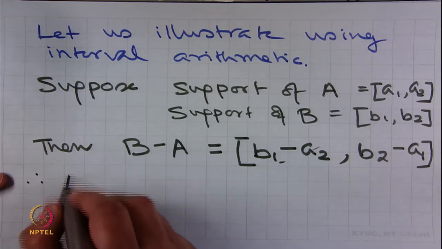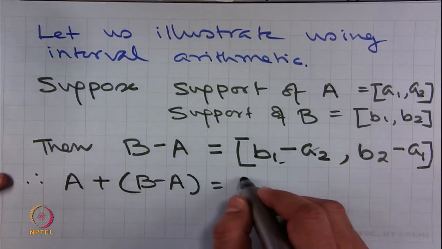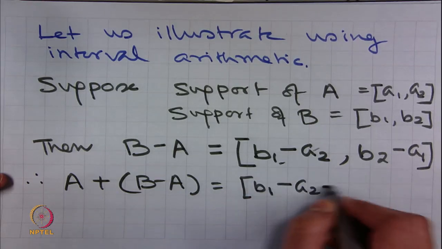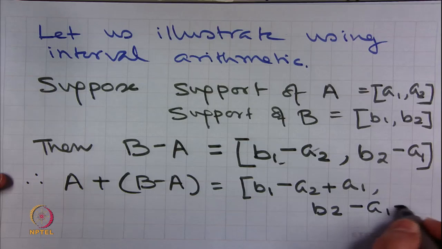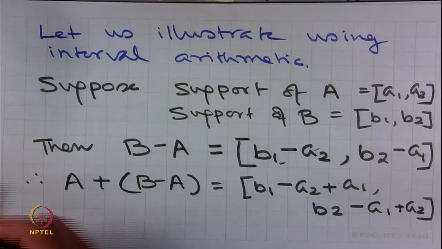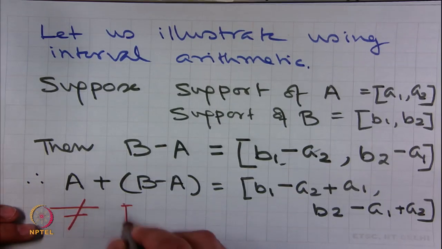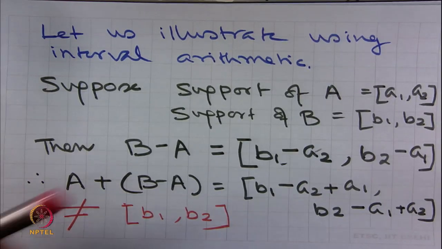Therefore, A plus (B minus A) is equal to B1 minus A2 plus A1 comma B2 minus A1 plus A2, and we know that this is not equal to B1, B2. So, this shows that we cannot get a solution by simply subtracting A from B.